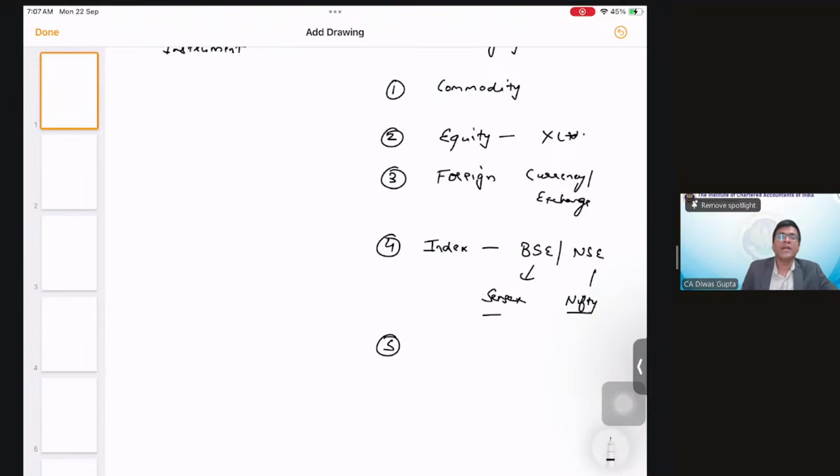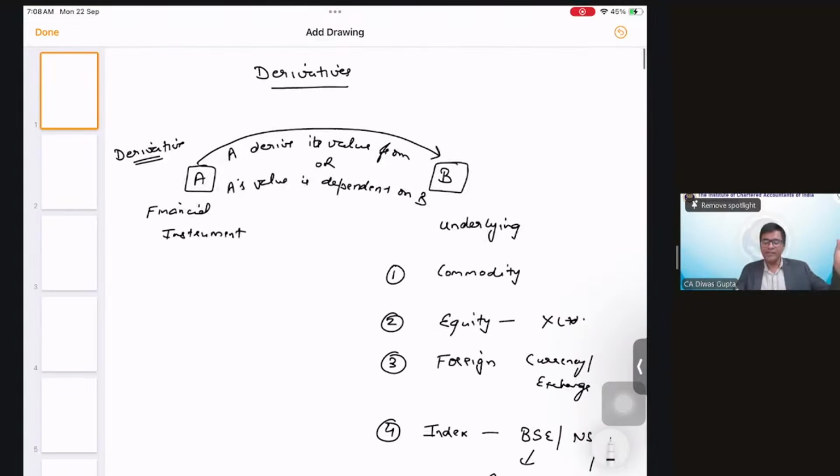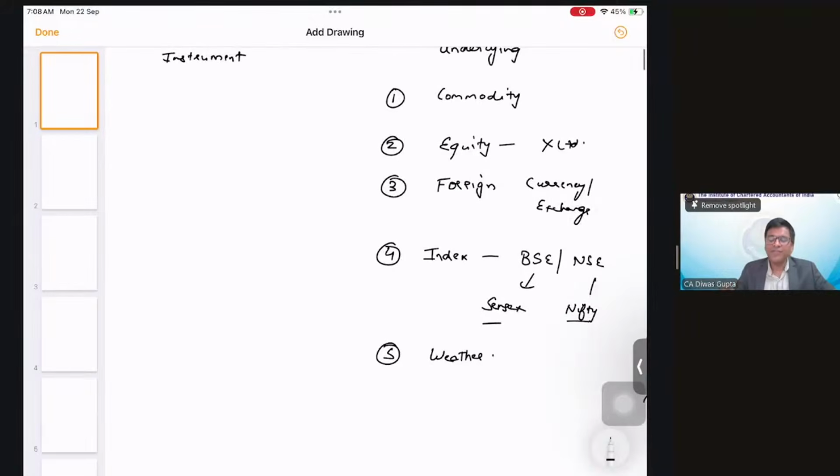There can be non-financial underlyings as well, for example, weather. Because weather is a natural condition, even a weather-related outcome can be an underlying, and there can be a derivative acting on that weather as an underlying. So you see, there can be many different forms of an underlying.